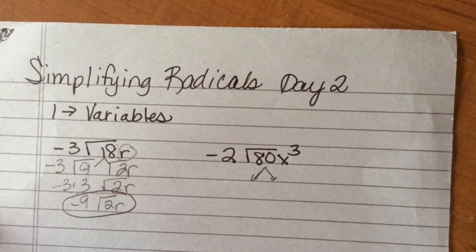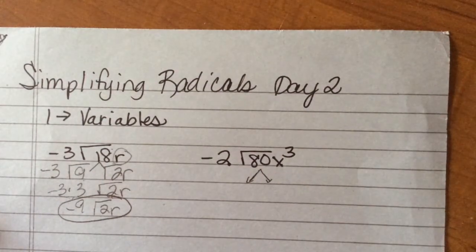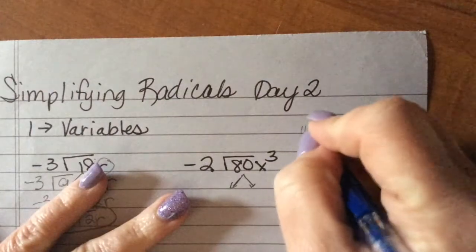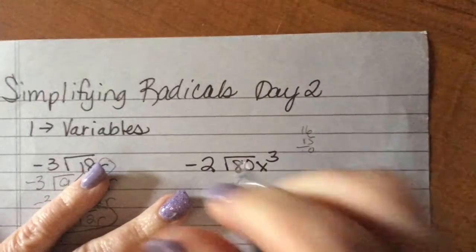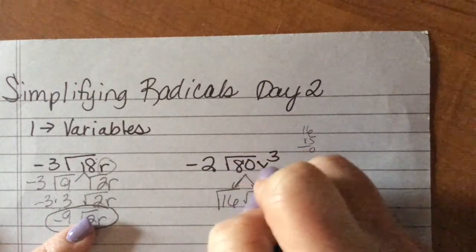Well, I got a 4 and an 8, so let's look at some multiples. 4, 8, 12. I don't think 12 will go. What about 16? Looks like 16 times 5. Ooh, that works.